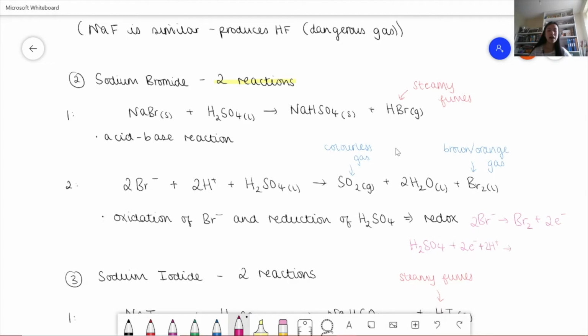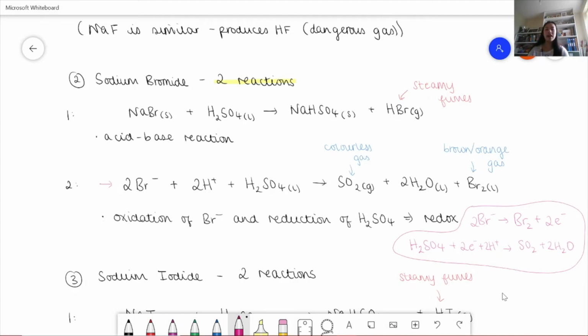And if you can't remember how to form these redox equations, then quickly go back to the redox chapter to have a look and remind yourself. So they've got these two equations where they've converted this sulphuric acid to sulfur dioxide by reducing it, and the bromide ion they've oxidized, and they've basically just combined these two equations together to form this equation.